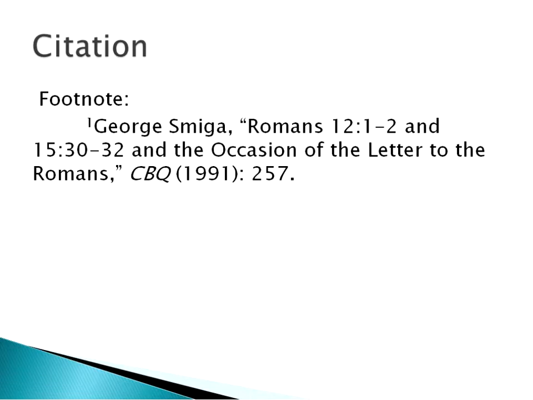The abbreviation for Catholic Biblical Quarterly is CBQ. I forgot the volume number on this one. I don't know why I did that. That should be 53. So CBQ 53, 1991 in parentheses, and then in the footnote I'm just citing page 257.